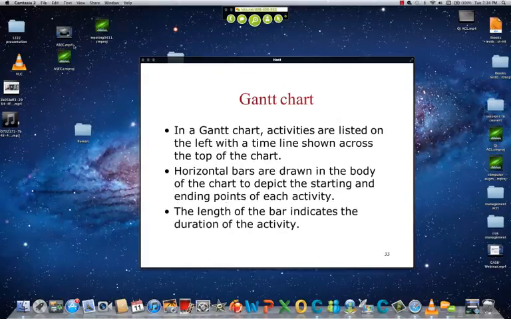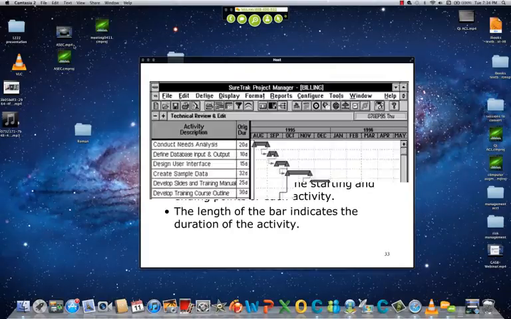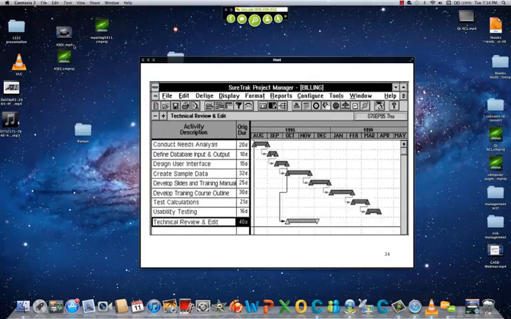Another thing is the Gantt chart. So here's how the Gantt chart looks. Again, you have those stages, and for each stage you have a bar. Before you start working on a stage, the bar is empty, it's hollow.